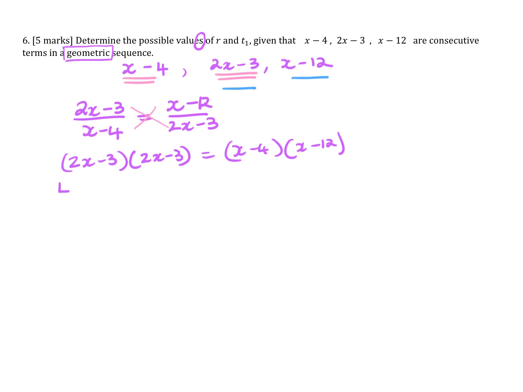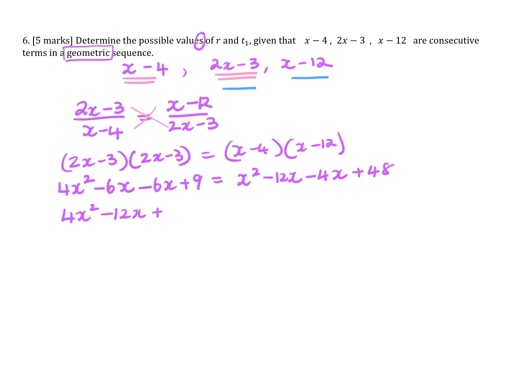Expand this out. 4x squared minus 6x minus 6x plus 9 is equal to x squared minus 12x minus 4x plus 48. Next, we collect like terms. 4x squared minus 12x plus 9 equals x squared minus 16x plus 48.